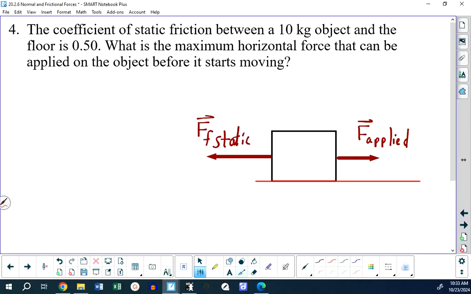Do you understand why this applied force doesn't get it to move? I hope you do. Do you understand that this applied force will cause it to move? So the force that causes it to just move is when I just exceed that force of friction by even a microscopic number.